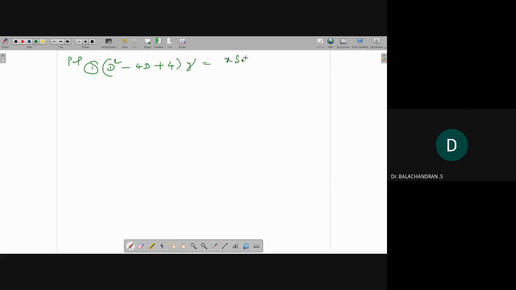Actually, this is a problem from your exercise. So you can check your answer in the book. Now the next one: d square minus 1 into y equal to x square cos x. I think you can try these 2 problems.